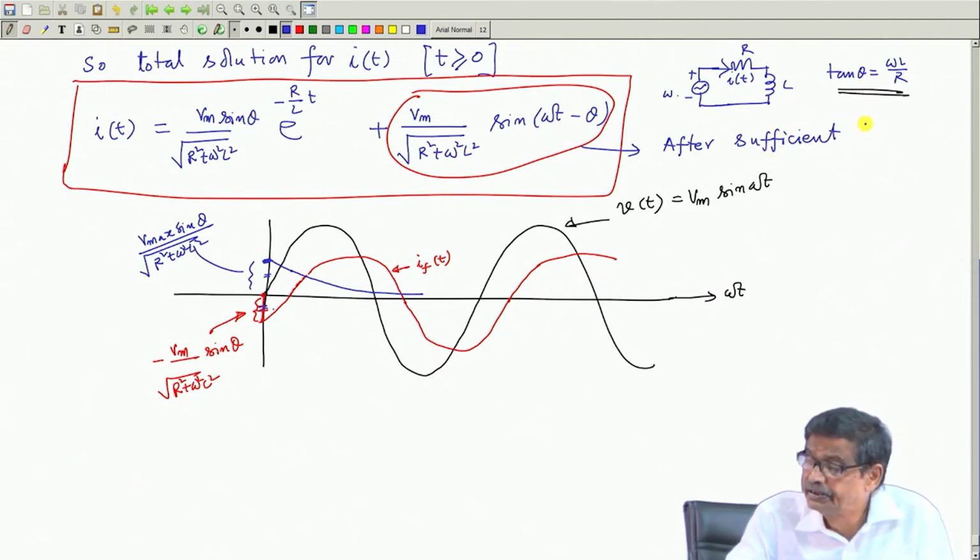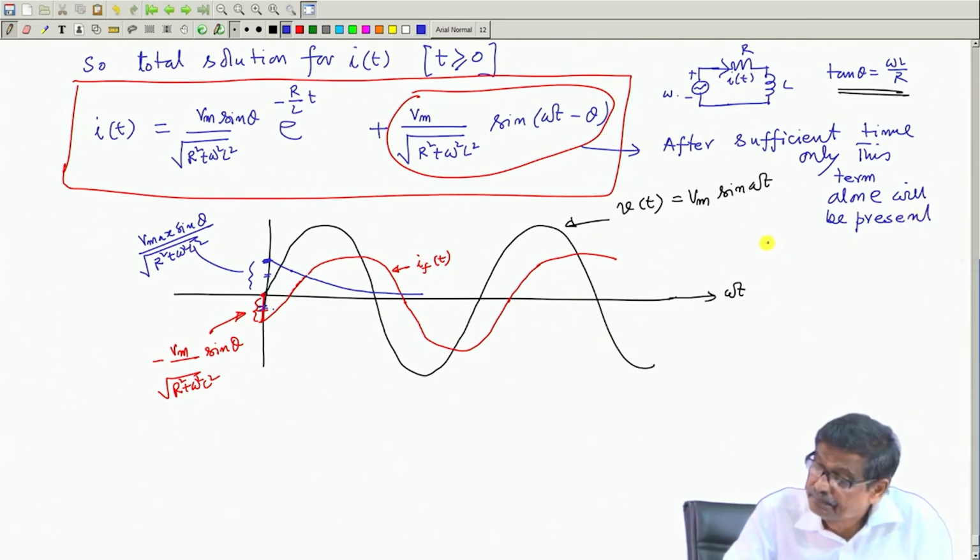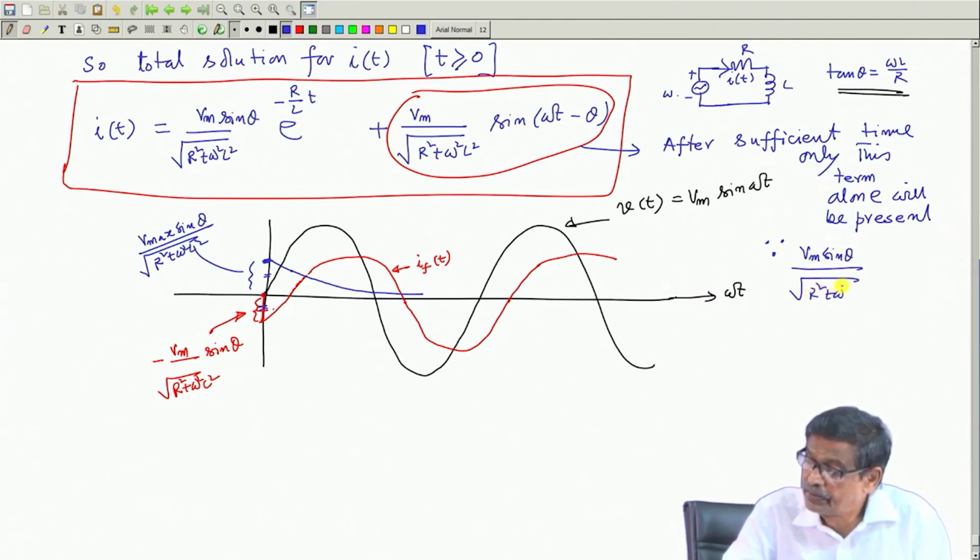After sufficient time, only this term alone will be present, since the other term, V max sin theta by root over r square plus omega square L square into e to the power minus r by L t, will tend to 0. That is what it is.